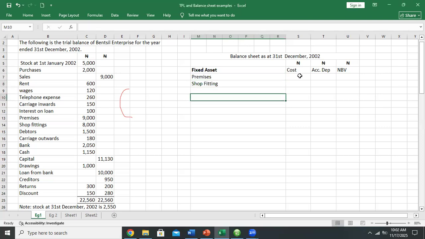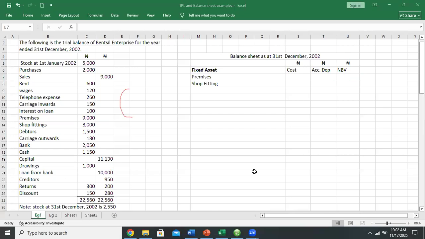So, Prof. Michael, give us the values for these two fixed assets in the trial balance. Prof. Ajimai, how much is our premises and how much is our shop fittings? Prof, your microphone is on mute. Can you unmute?